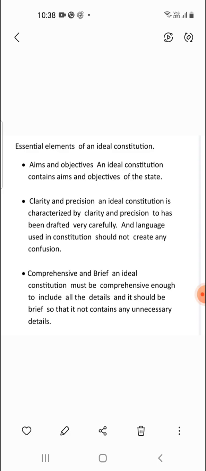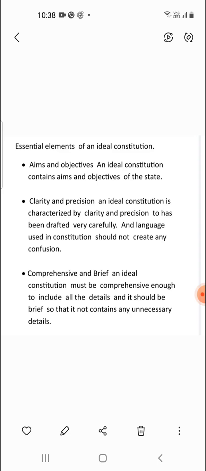A constitution which does not provide for its amendment does not provide for its preservation, according to Edmund Burke. So Burke said it is very important to have a method of amendment in the constitution, because as time changes, the needs of the people also change. At that time we should have this kind of amendment so that we can change the articles according to the needs of the people.